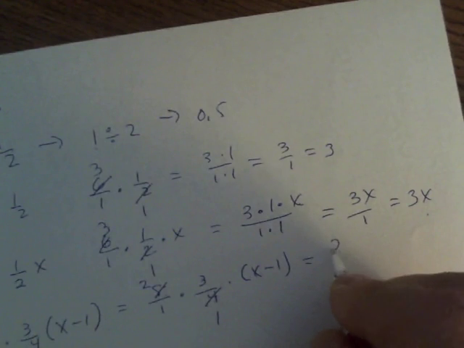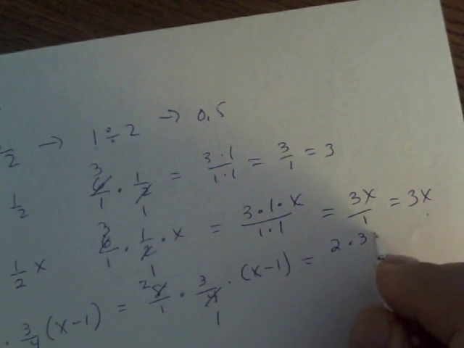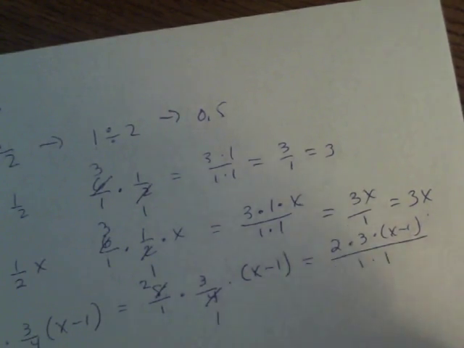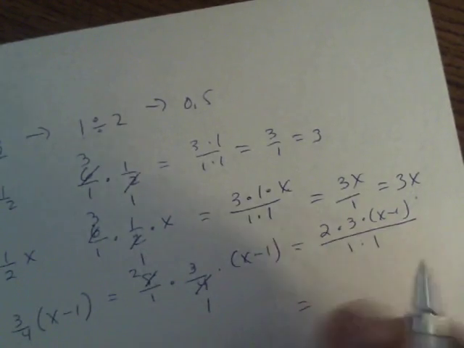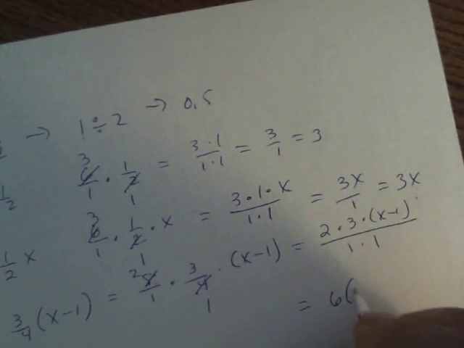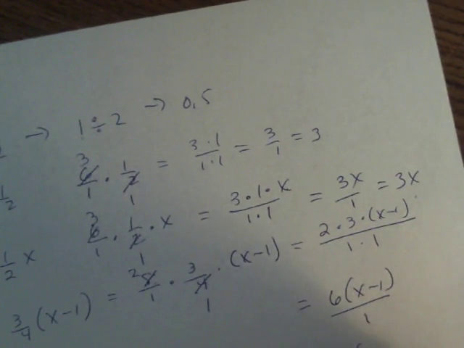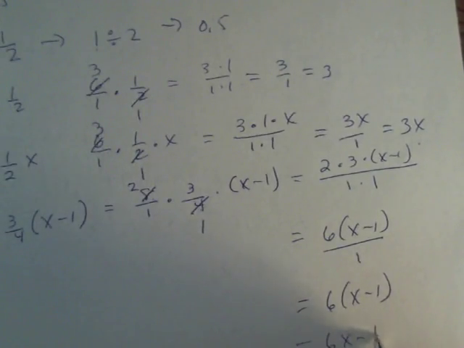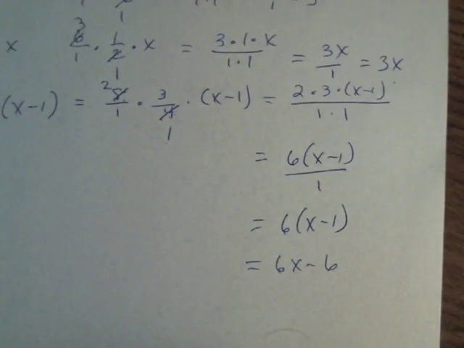So what remains is I have a 2 times a 3 times the x minus 1 over 1 times 1. Well, I get 2 times 3, which is 6. Let's just start removing all my dots, and now I have 6 times x minus 1, which is 6x minus 6.